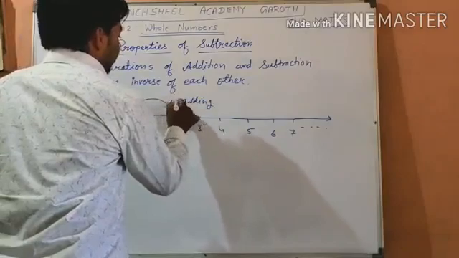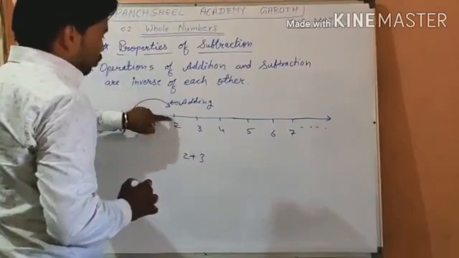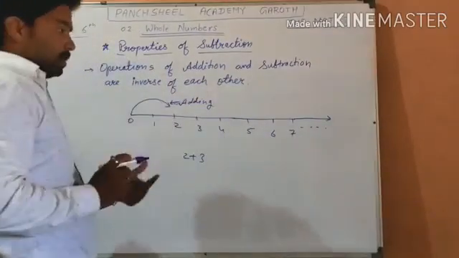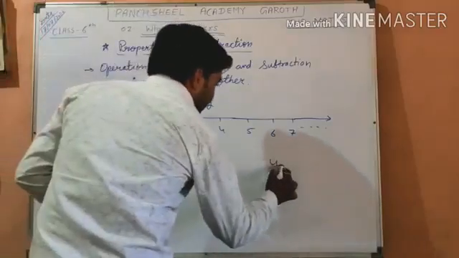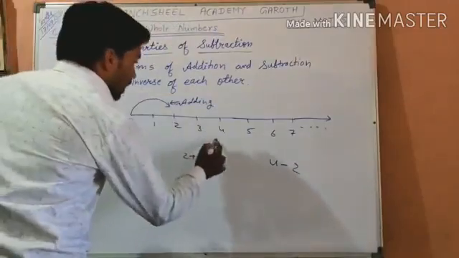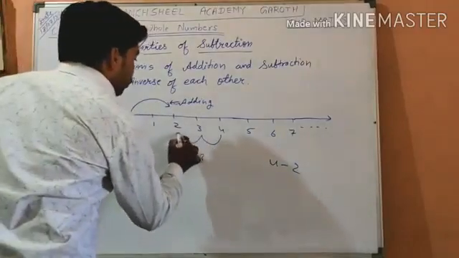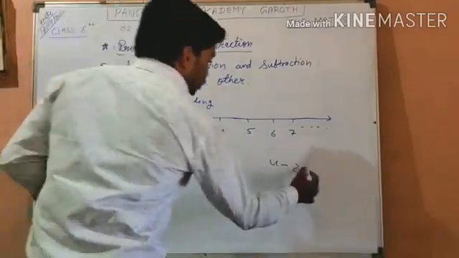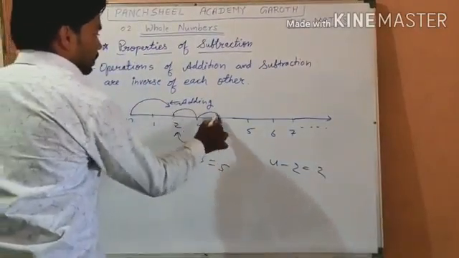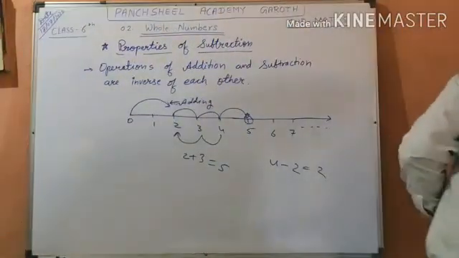If I add 2 plus 3, we jump 2 and then 3 units to the right. But in subtraction, if we subtract 4 minus 2, we go to 4 and after that jump to the left side. 4 minus 2 is 2. 2 plus 3 equals 5. We have seen these things on number lines.